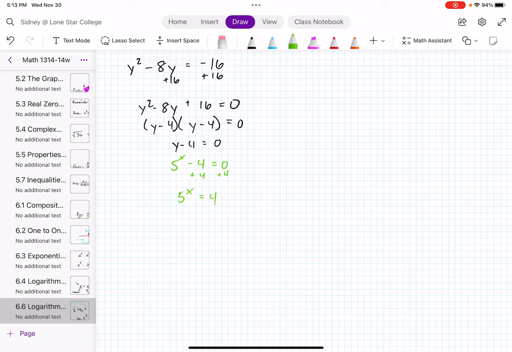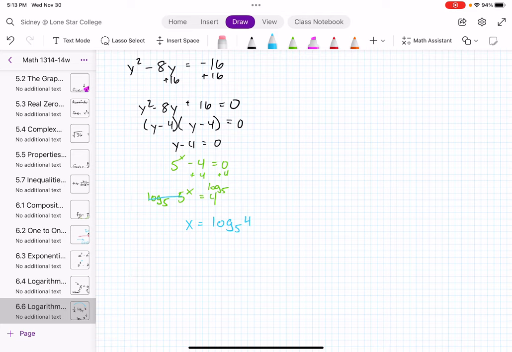Now to get to that x, I need to get rid of this base. So I'm going to do the same thing to both sides. I'm going to take log base 5 of both sides. Now, as we've seen a couple times in this video, log base 5 of 5 simplifies out, and I'm left with x. And on this right-hand side, I have this weird thing, log base 5 of 4.